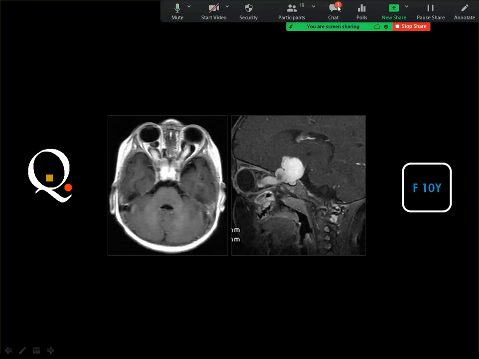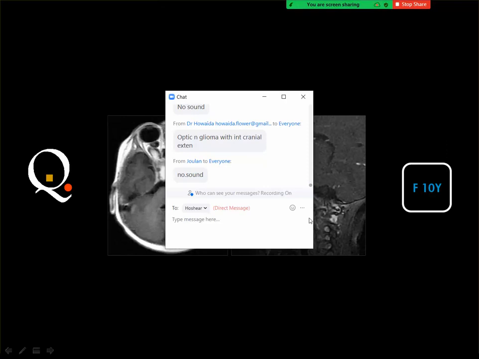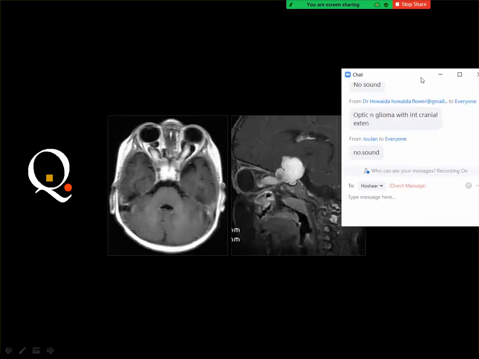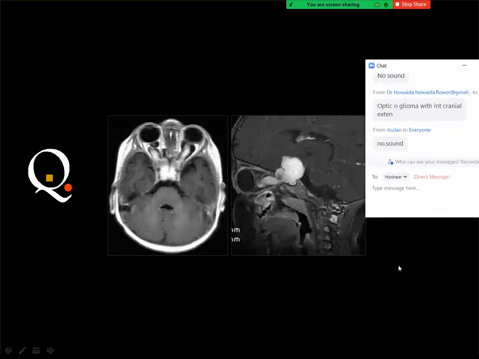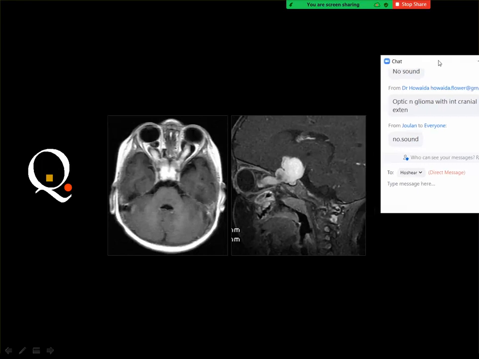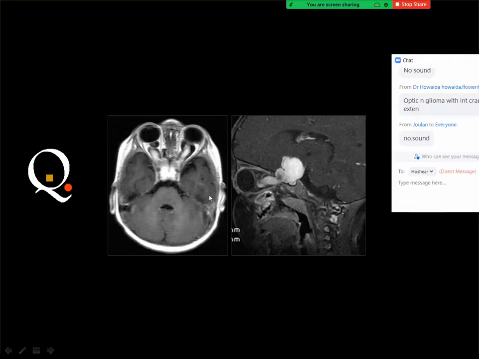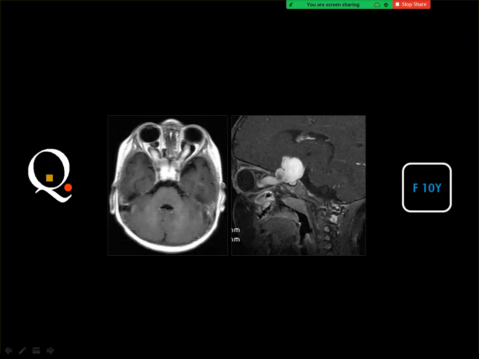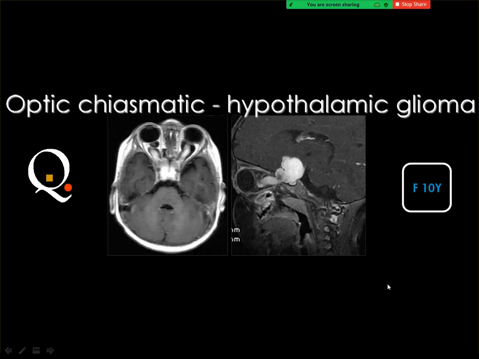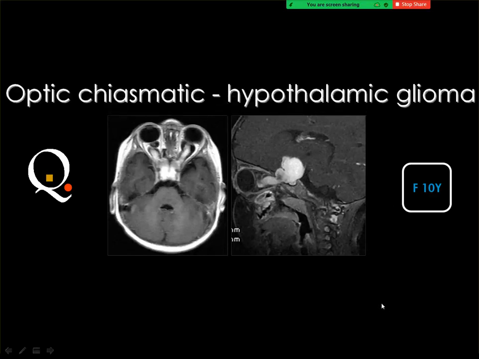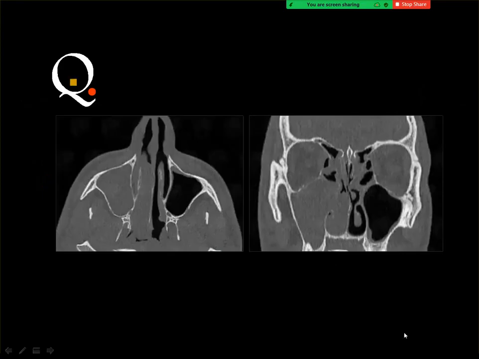Then the diagnosis is easy as in the case before, and it represents neurofibromatosis type 1 because of the bilateral optic nerve involvement and also chiasmatic involvement. Okay, and this is optic, chiasmatic and also hypothalamic glioma.